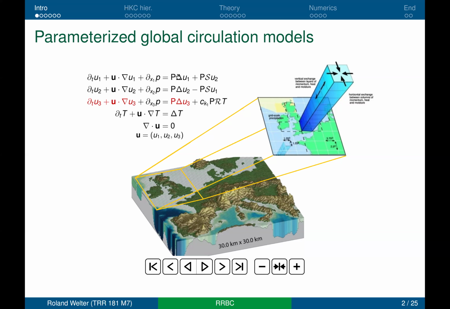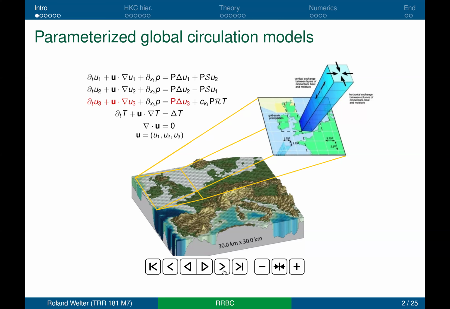And this is actually too much for most computers. This third component, what they actually do in practice is use some scaling arguments to say that if we had some typical velocity, typical time scale and length scale and so on, then these terms should be small.